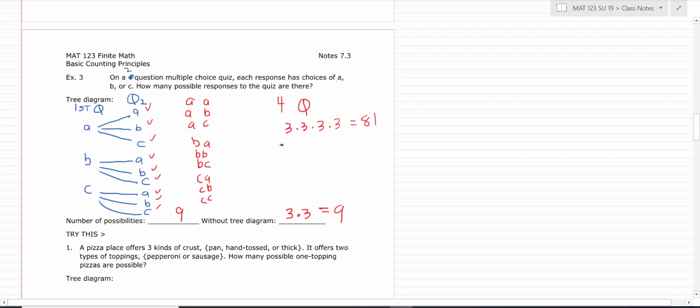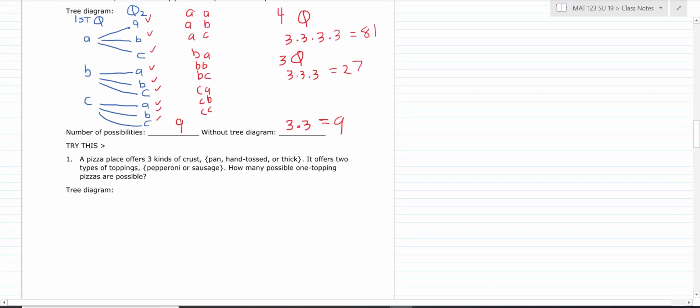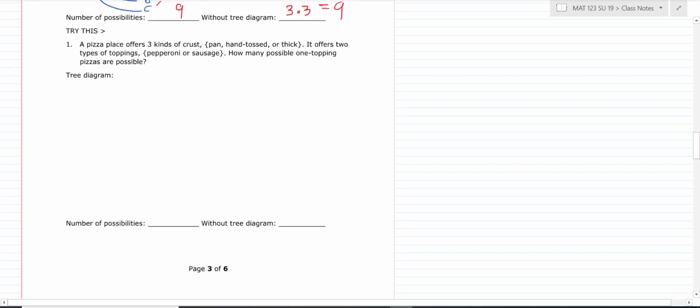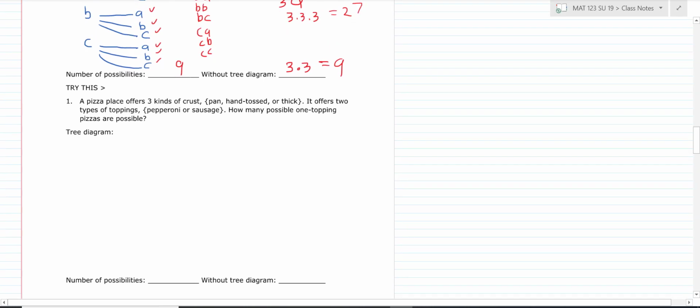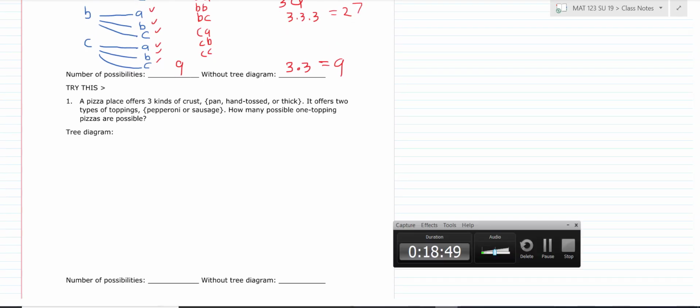And notice if it was a 3-question quiz, it would be 3 times 3 times 3, so that would be 27. Okay, like that. So that's how you do that. All right, so I want you to go ahead and move to this next problem and see if you can get this one put together. Do the tree diagram, figure out the number of possibilities.